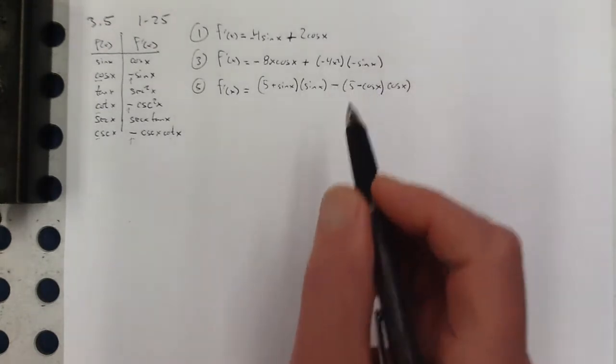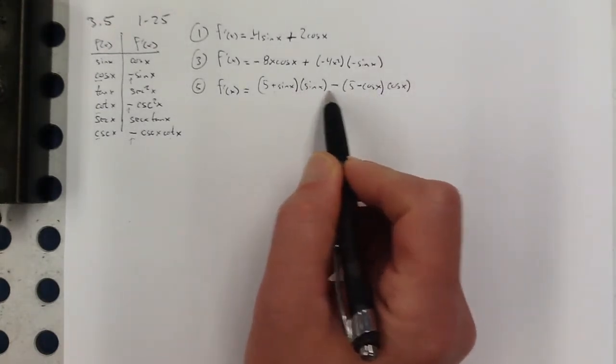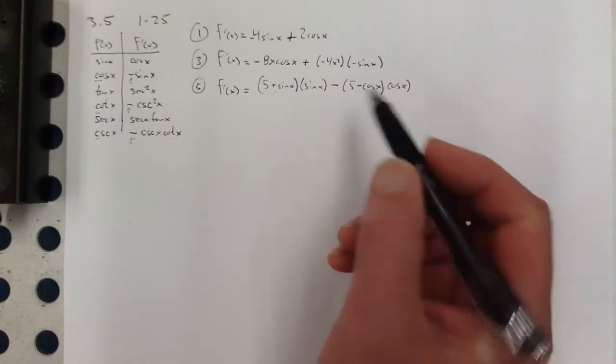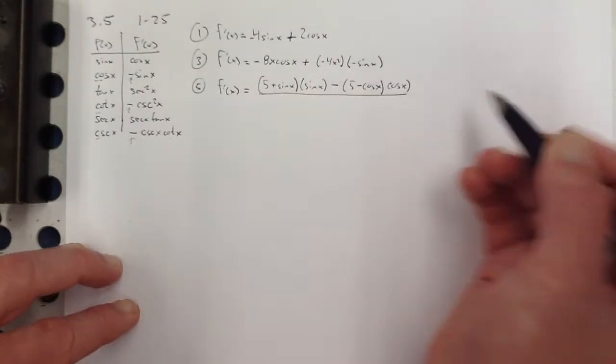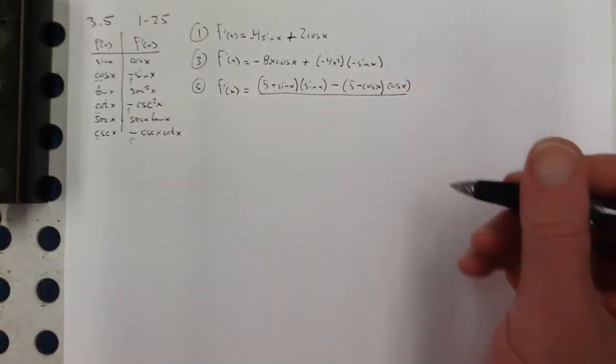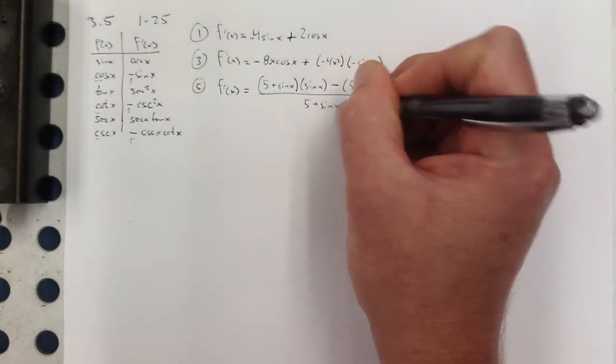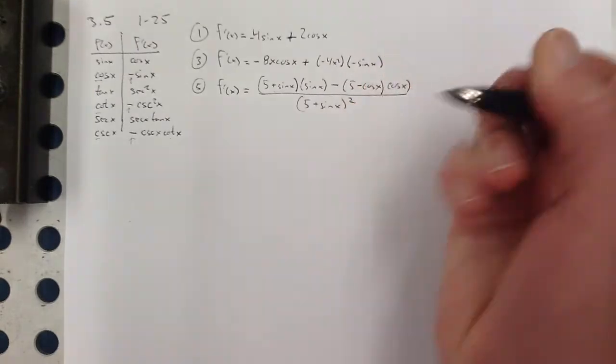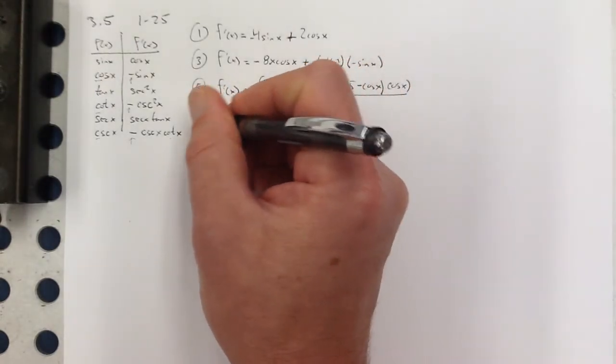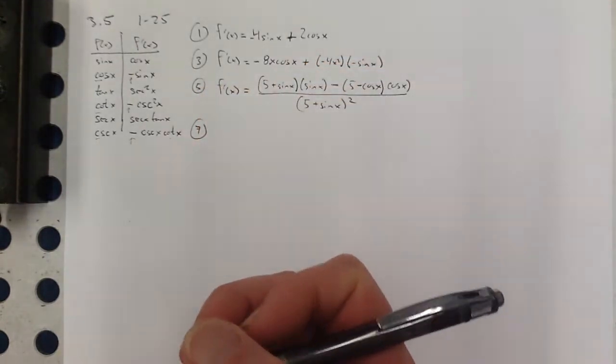Sure, there's some stuff that's going to simplify there. It looks like we might have a sine squared plus cosine squared. So, sure, yeah, you could simplify that trig. But that's where it starts. And I'll leave it to you. See if you can get it to match up to the back of the book.